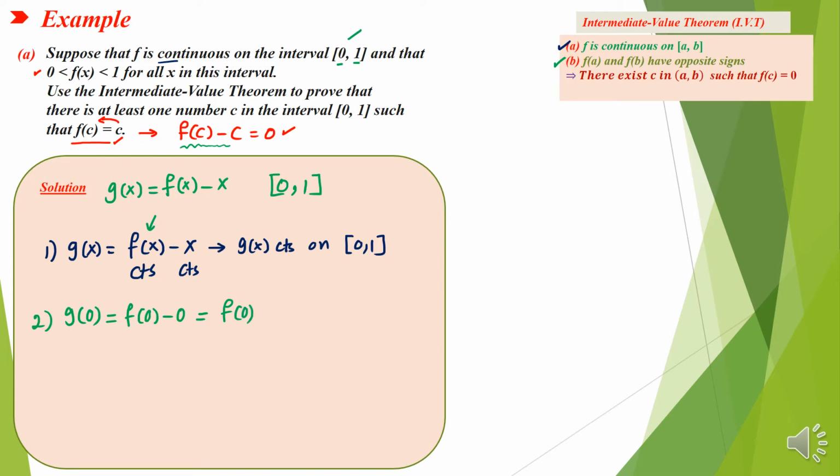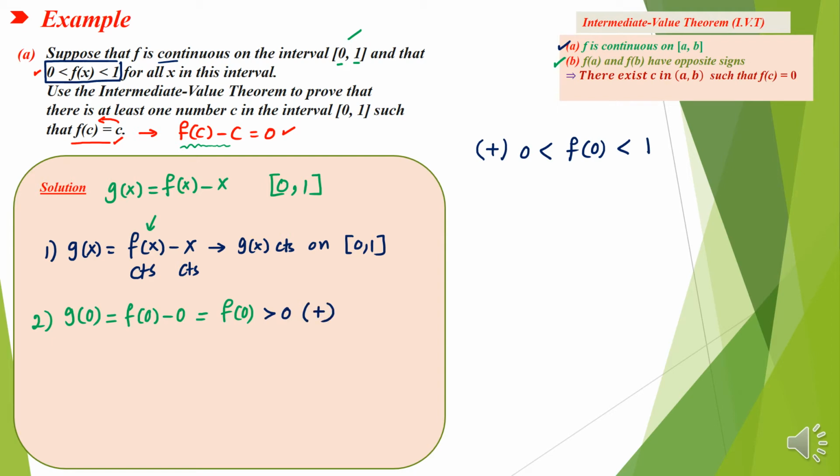Now you have to check what is the sign of f of 0. From the question, we have the statement that tells us f of x is greater than 0 and less than 1. So f of 0 is greater than 0 and less than 1. Greater than 0 means it is positive.